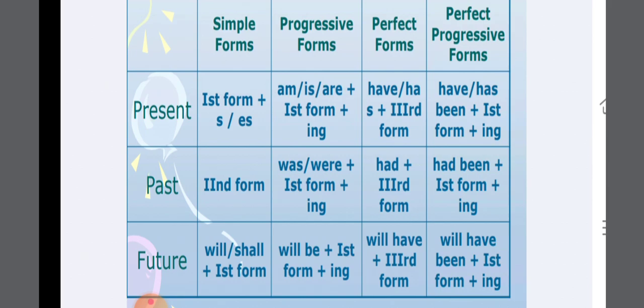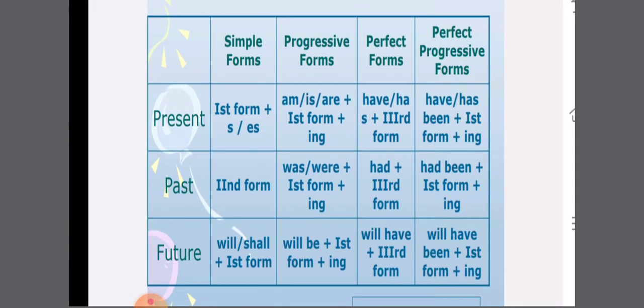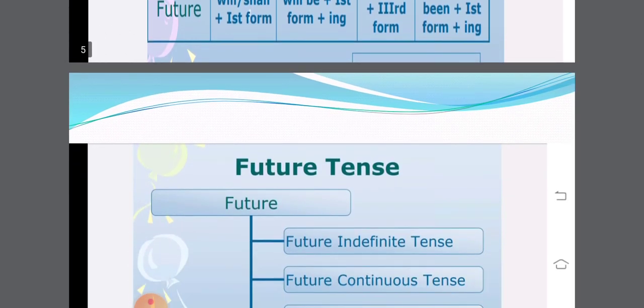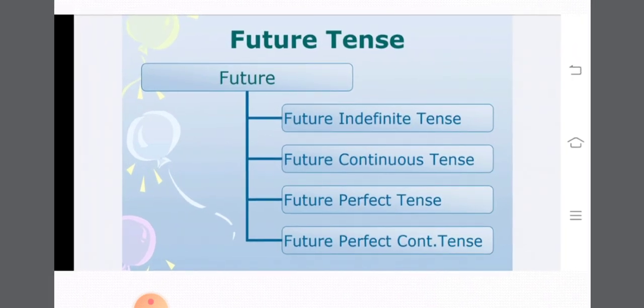And future perfect continuous: will have been plus first form plus ing. So this is overall the recapitulation of what we have already done in tenses part 1.